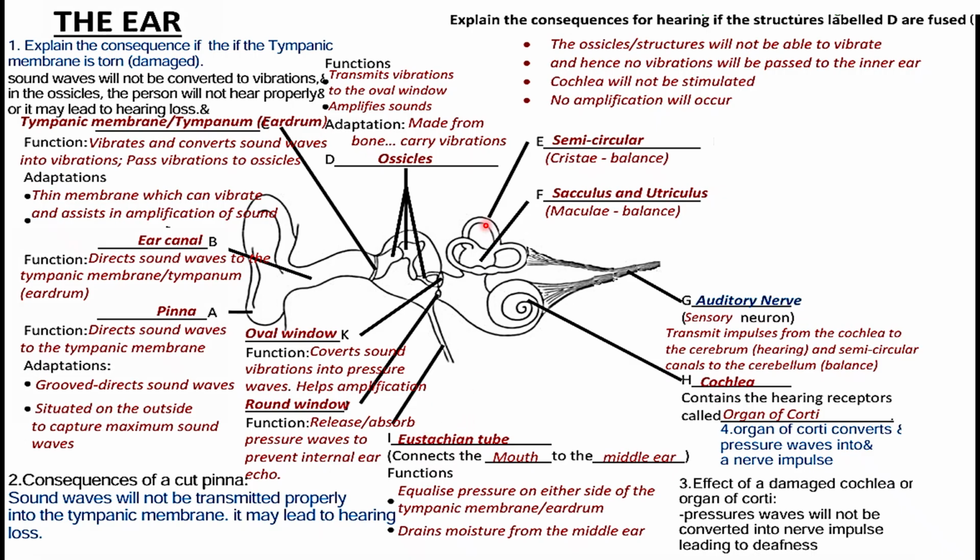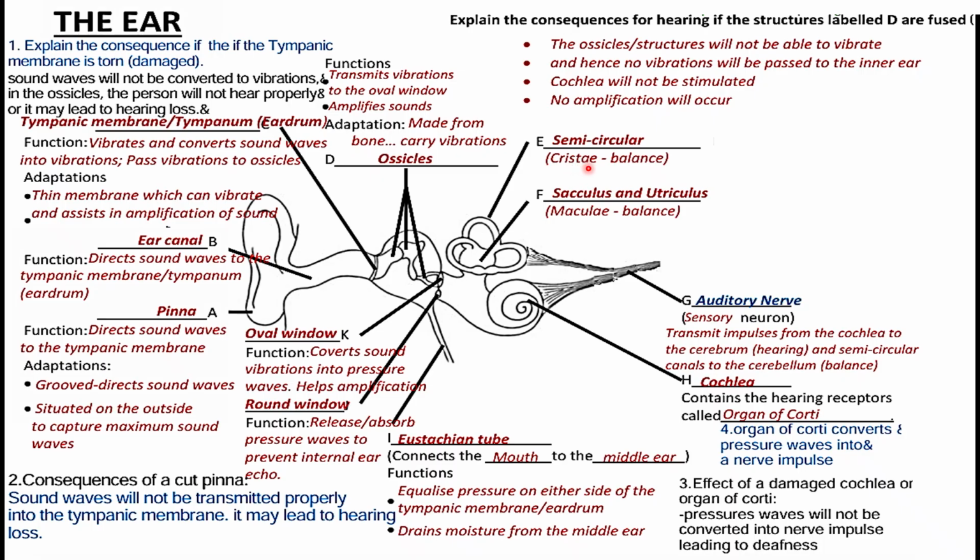Now from here we go on to these structures called the semicircular canals. They contain a specialized receptor called the cristae.